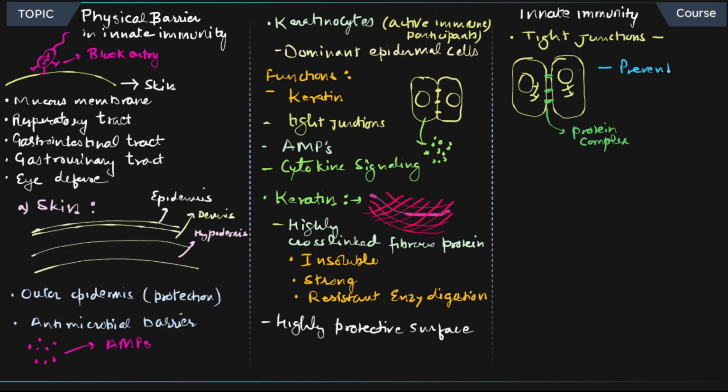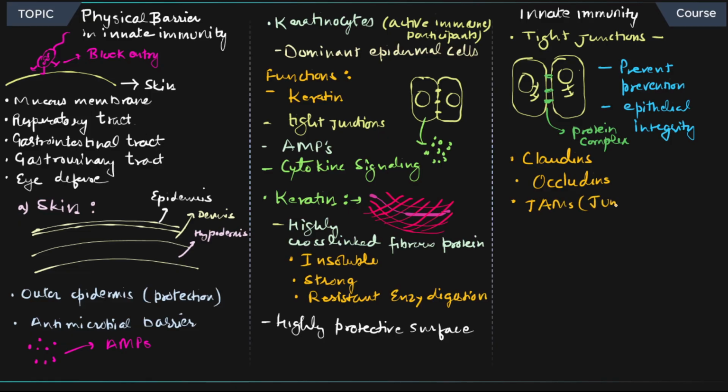So they will prevent any kind of entry of the microbe. Epithelial integrity will be maintained. The proteins involved are claudins, occludins, and JAM, which is junction adhesion molecules. Really important proteins involved in tight junction creation.